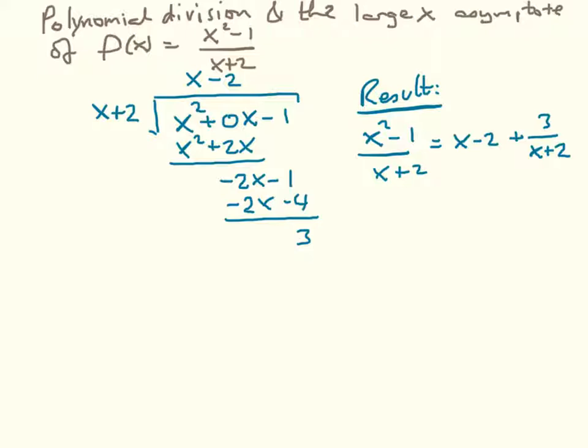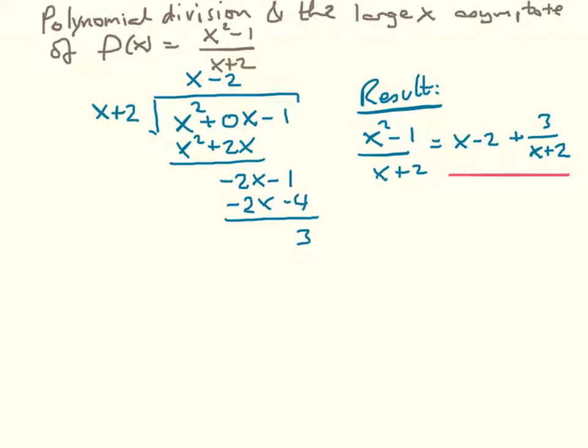And that result makes it absolutely clear what happens for large values of x, because when x becomes large, 3 over x plus 2 is going to go to 0, and we will be left with x minus 2, which was the result on the previous slide.